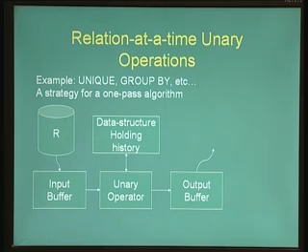For example, in the unique operator, all we need to do here is have a hash table that contains one entry for each unique entry that we have found until now in the database.